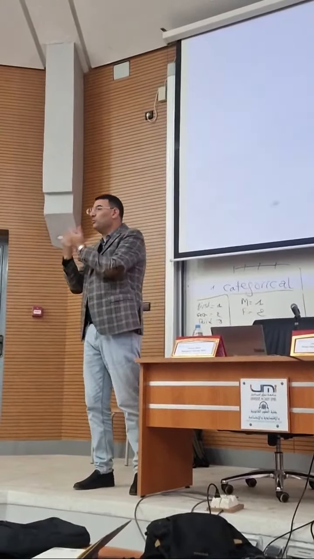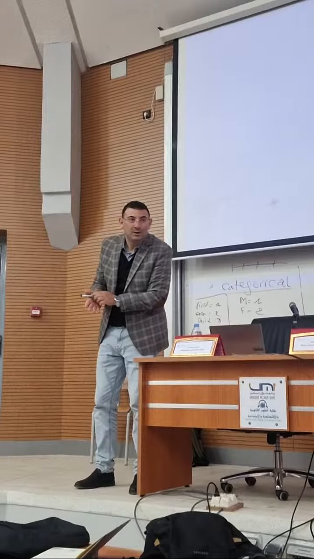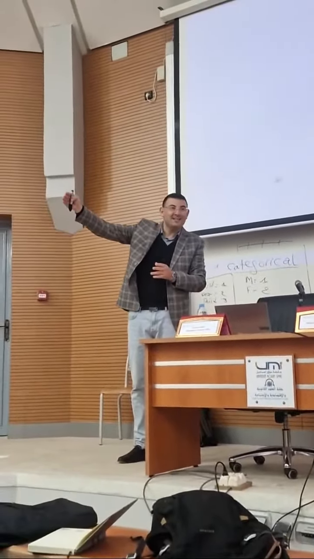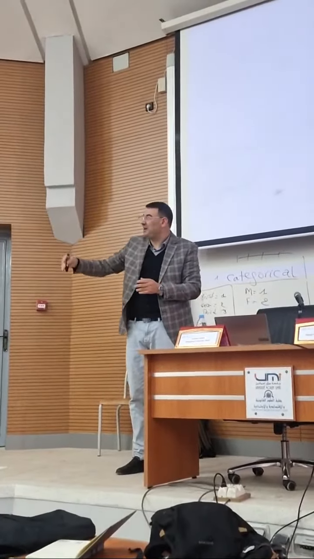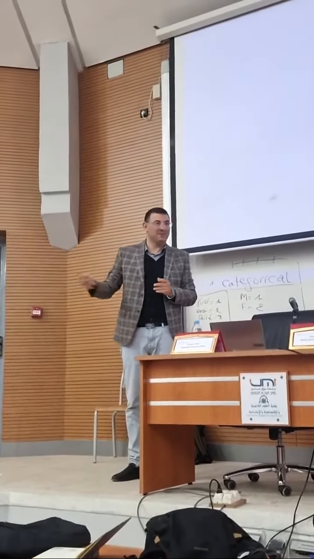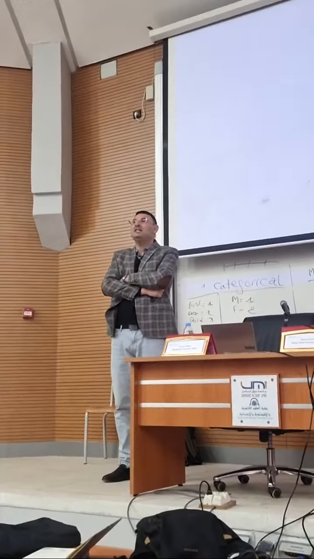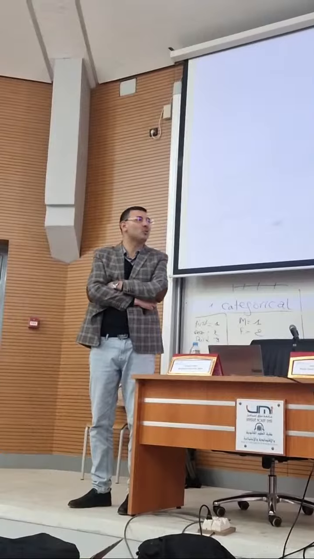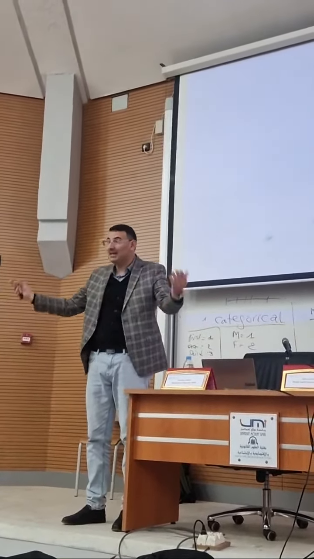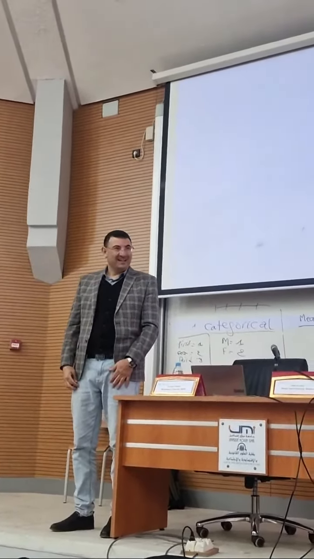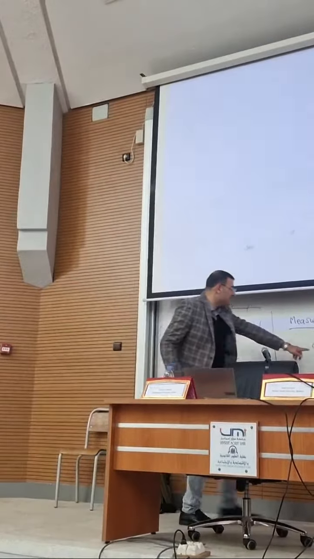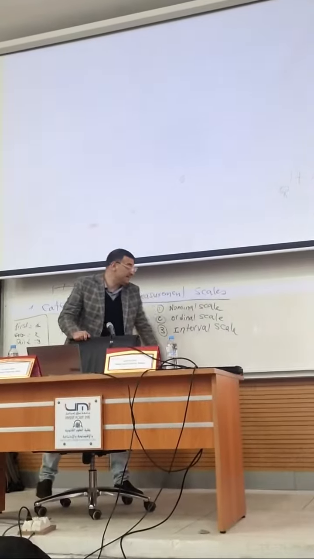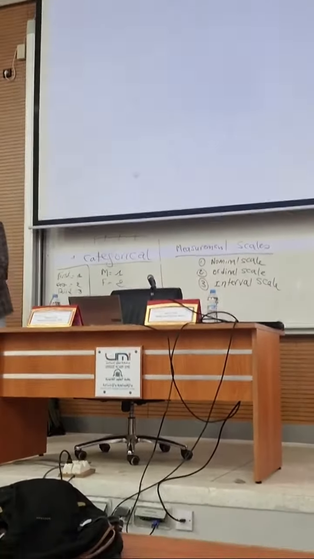Donc, from 15 to 20, from 20 to 25, from 25 to 30, etc. Is the distance between 15 to 20 the same as the distance from 20 to 25? Yes. Et c'est pour cela qu'on parle d'une échelle intervalle. Fine. So it's an interval scale.